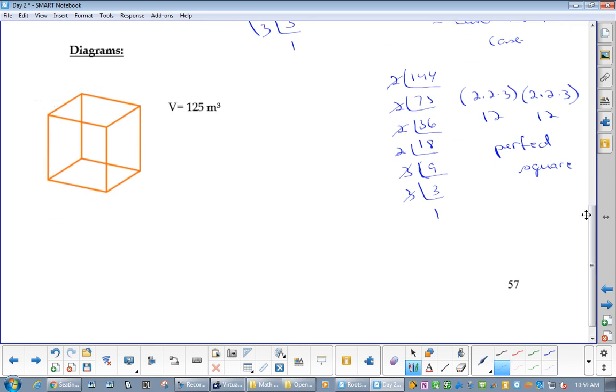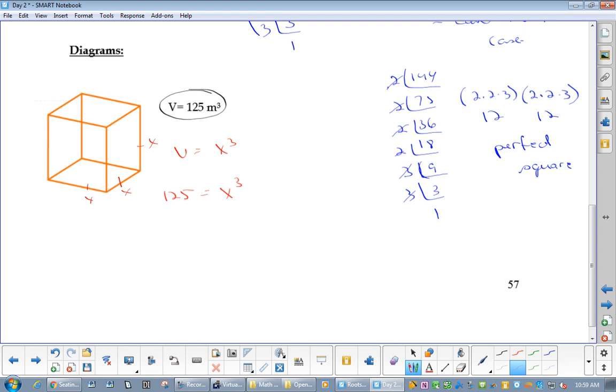Now, here we have volume. Volume is 3-dimensional, and that's why it has a cube. So, volume equals x cubed, right? You got x, x, and x. So, I have 125 equals x cubed, because it told me my volume.